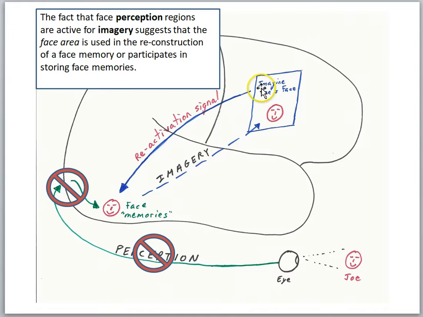Rather, we're sending a signal internally to reactivate the face area to generate an image of a face in our mind's eye. And this suggests that the stored memories of faces may involve some of the same brain regions, the face area, that is involved in the perception of faces.